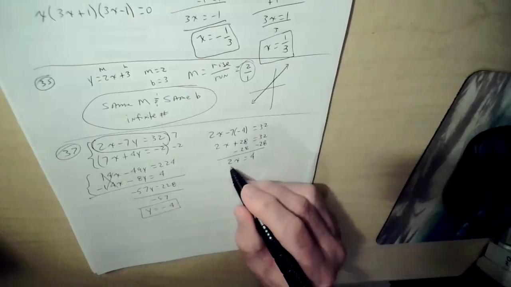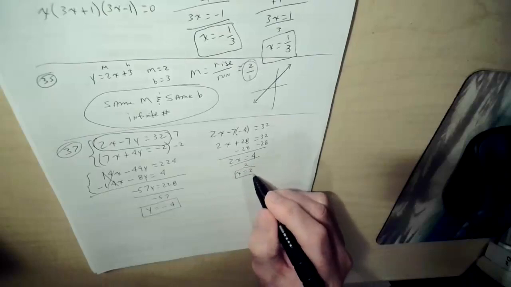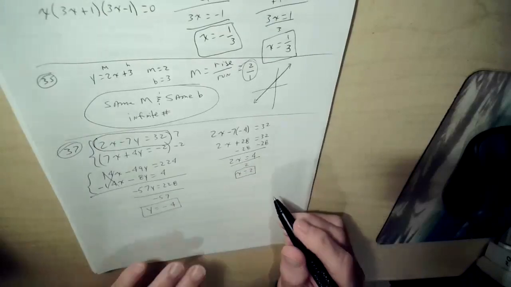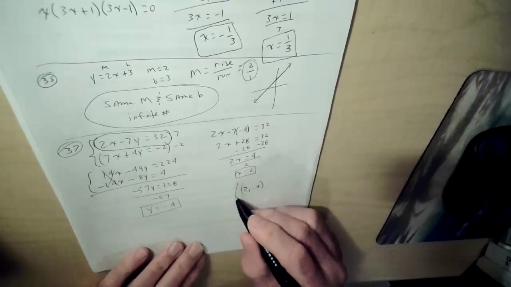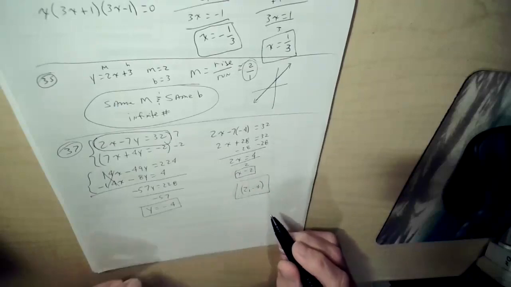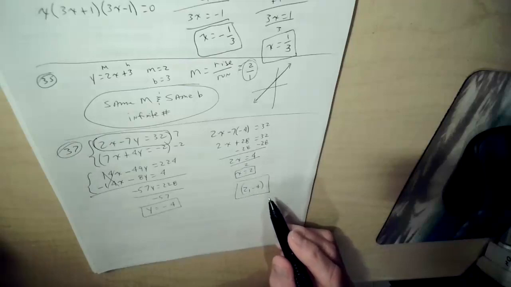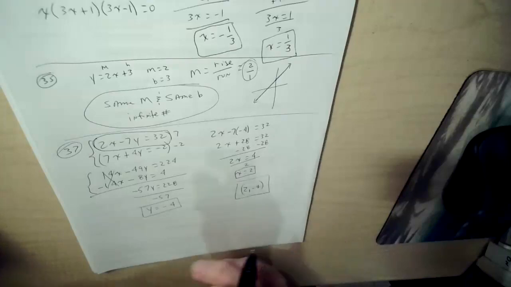Subtract 28 from each side. And we get 2x equals, was it 4? Divided by 2. x is 2. Okay, so where do these cross? At 2 comma negative 4. Remember, this is a point, so it's to be written like a point in parentheses like this. x and y. Right? Right.